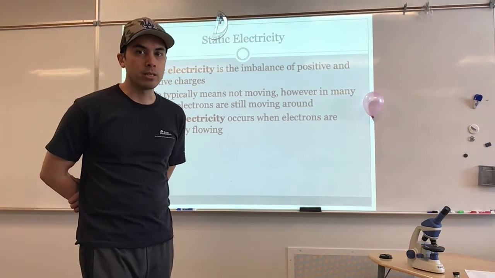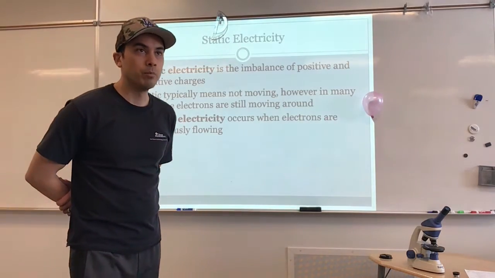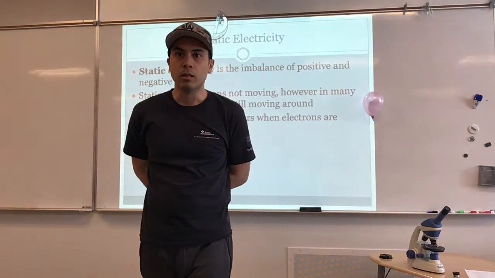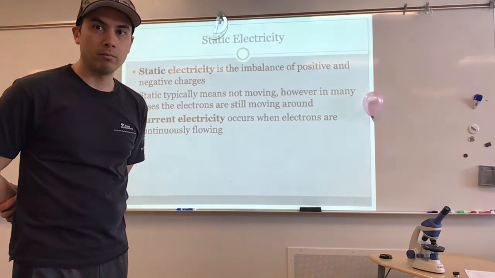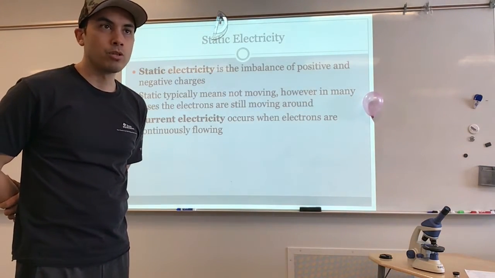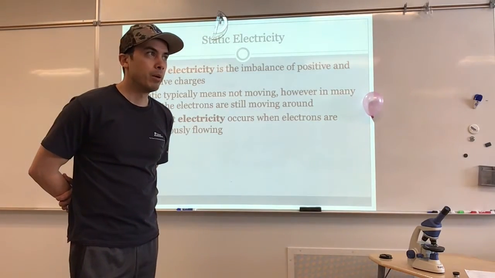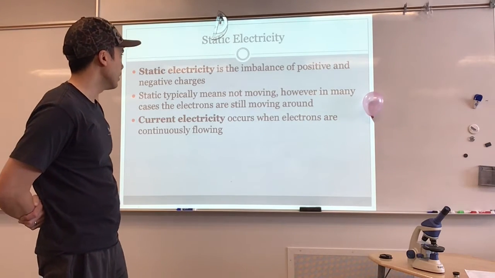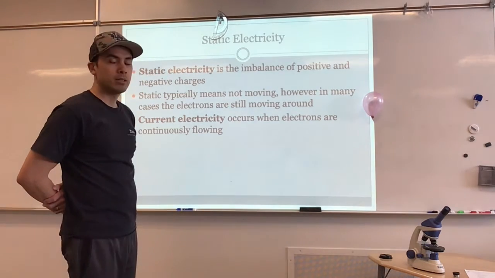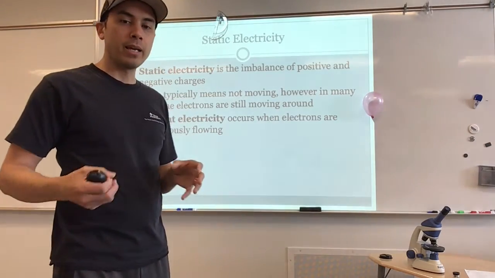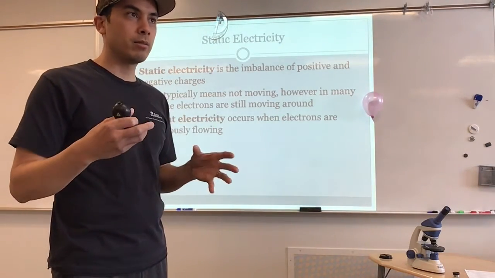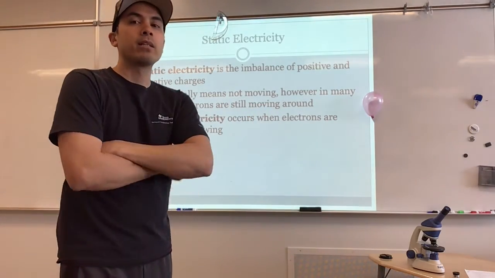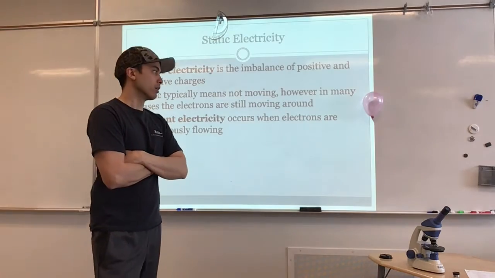That's not really true in this case because electrons are still in motion, in this balloon, in my hair, and every other type of material in this world. So they're not exactly still, but mostly what we're going for is this imbalance. One thing we can say is that more of these electrons are located in one area than the other, and that's how this imbalance can occur.